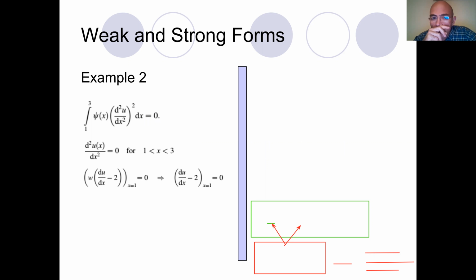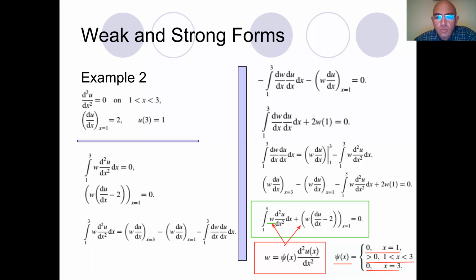Okay, now this basically means that in order for this expression to be 0, certainly this integral has to be 0 and this term has to be 0 independently. Let me show it in a different way.